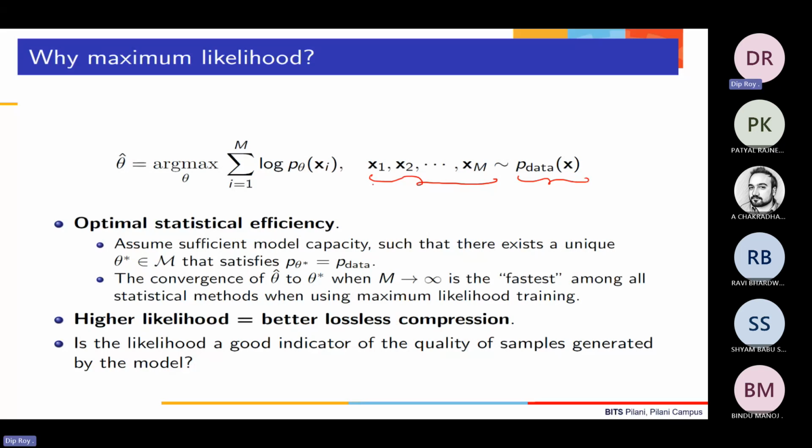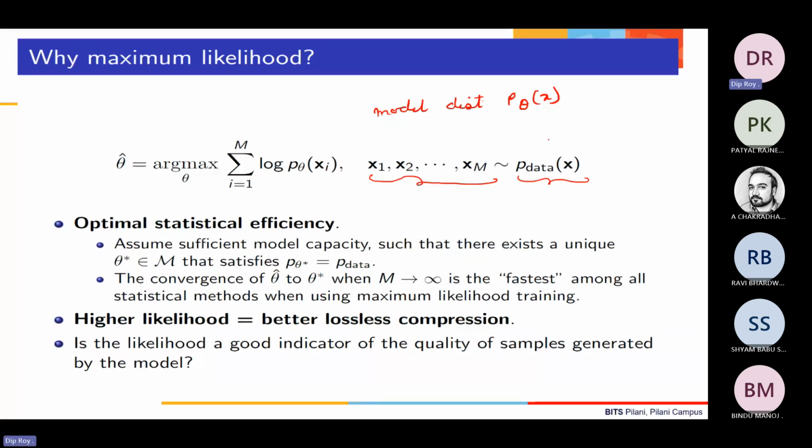Then we also have a model distribution, represented by p theta of x, which is parameterized by theta.